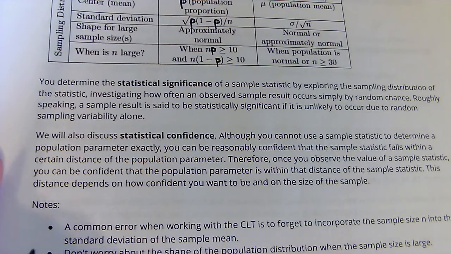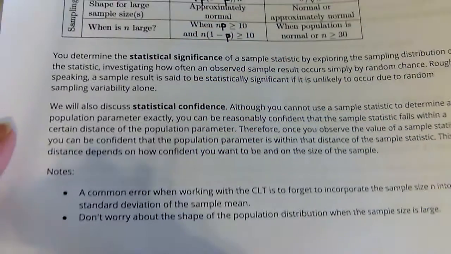Although you cannot use a sample statistic to determine a population parameter exactly, you can be reasonably confident that the sample statistic falls within a certain distance of the population parameter. Therefore, once you observe the value of a sample statistic, you can be confident that the population parameter is within that distance of the sample statistic.